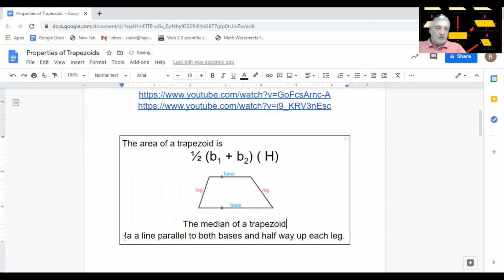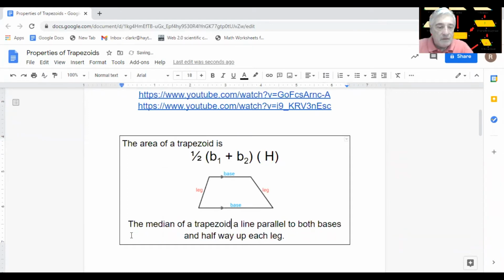Now, the median of a trapezoid is a line parallel to both bases and halfway up each leg. So once again, if the bottom one was 20 and the top one was 12, what's the average of 20 and 12? It would be 16. If you drew that median in here, it would be 16.